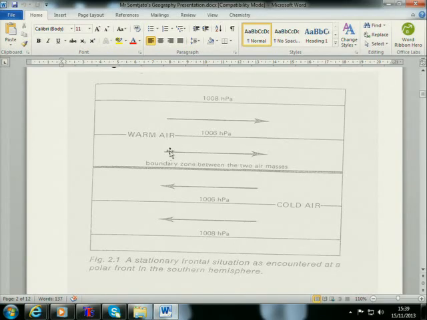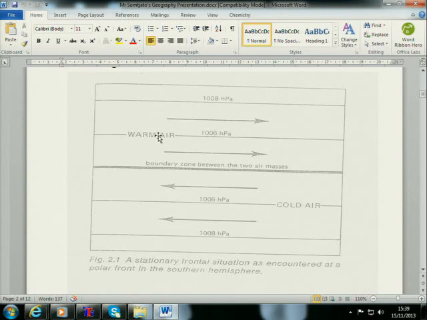Again, when you look into this, there is no movement of air across the line of separation. The cold air doesn't cross the separation line to the warm air. And the warm air also cannot cross over to the cold air.